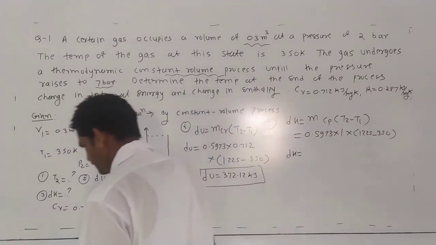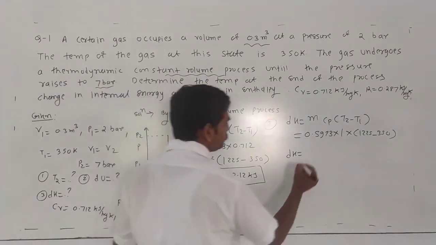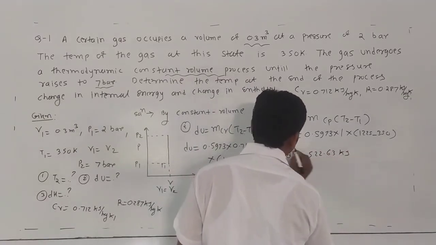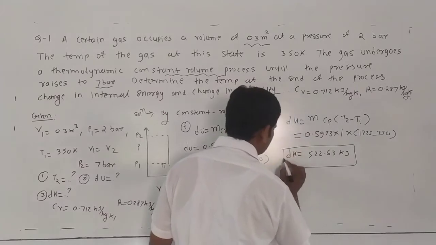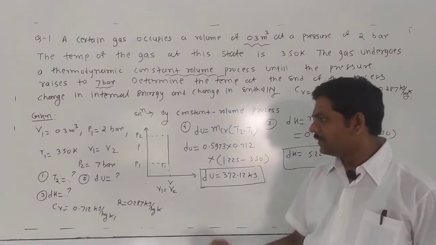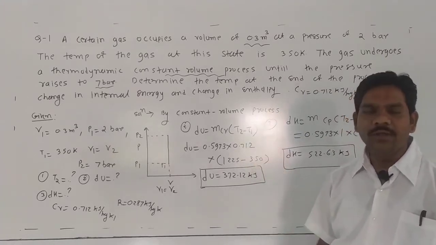Do these calculations. How much is it? 522.63 kilojoule. Okay. So these are the three parameters we have to determine using the constant volume process.